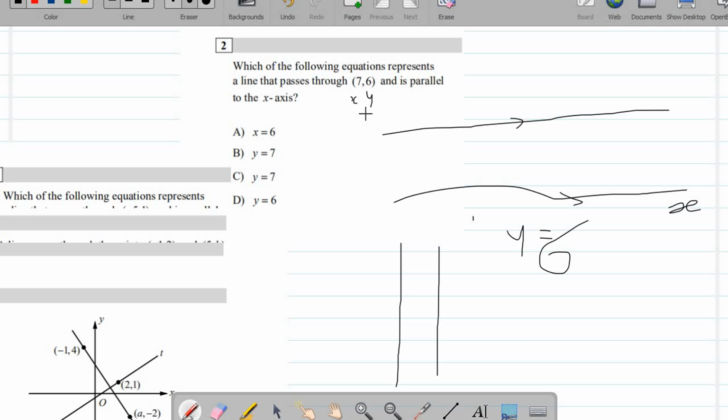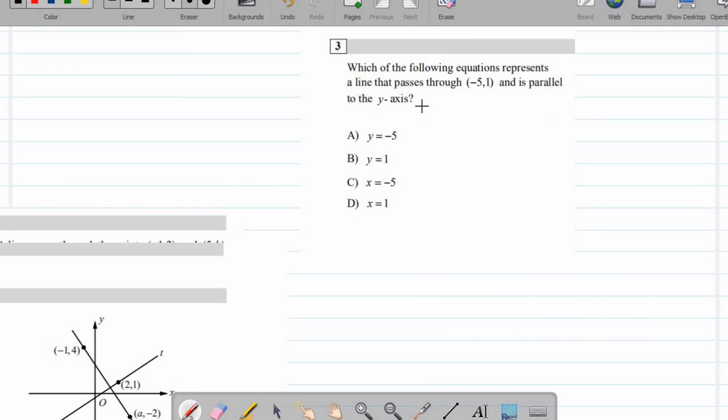So if it was parallel to the y-axis, we'd be saying x equal to 7. That would be our answer. But since it's parallel to the x-axis, we are using y equal to 6, and that's it. Now let's go to the next one.